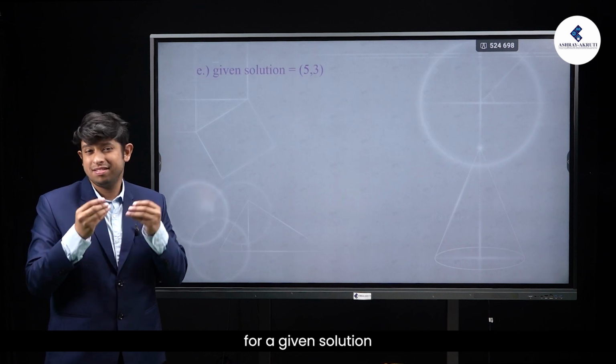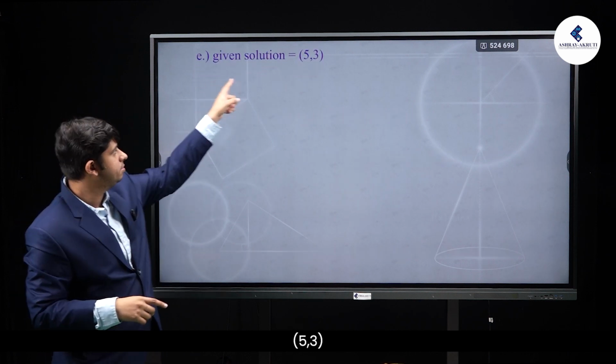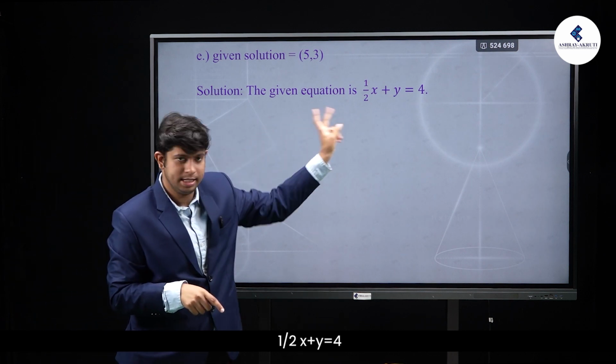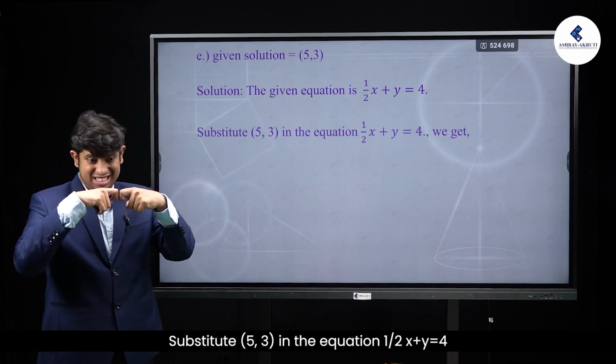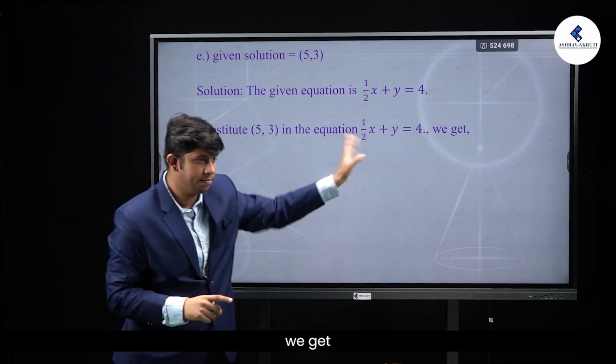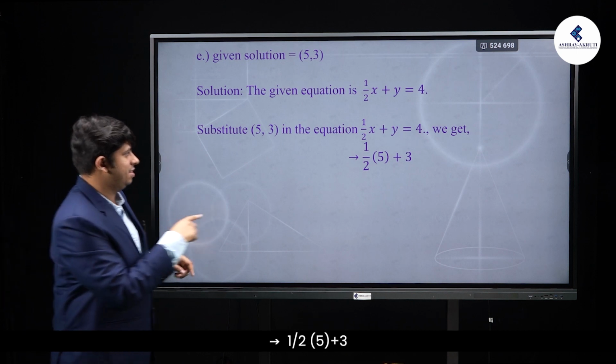For the given solution (5, 3), the given equation is 1/2 x + y = 4. Substitute (5, 3) in the equation. We get 1/2 × 5 + 3.